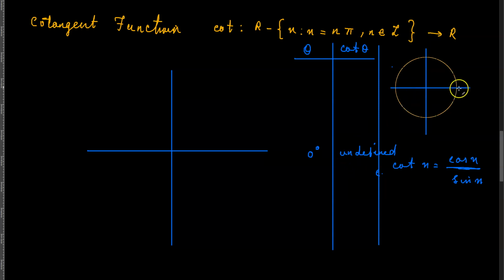That is at 0 degrees. Then at pi by 2, so this is 0, this is, let's say 90, since I'm doing everything in degrees. So this is 90 degrees, this is 180 degrees, this is 270 degrees, and this is 360 degrees.